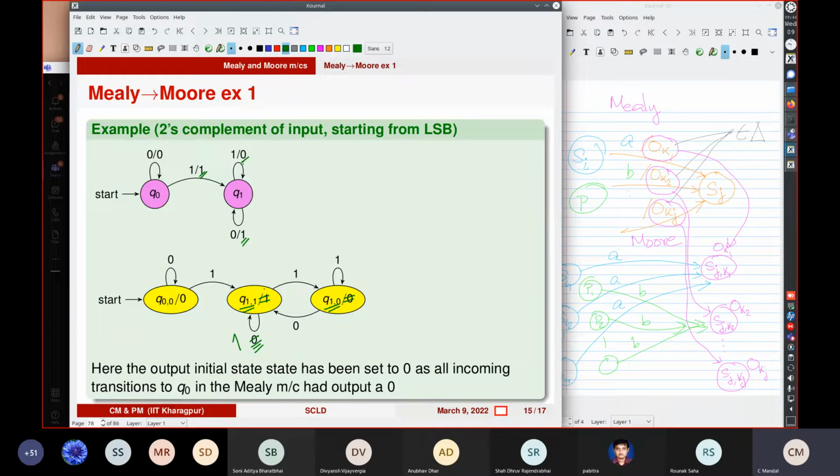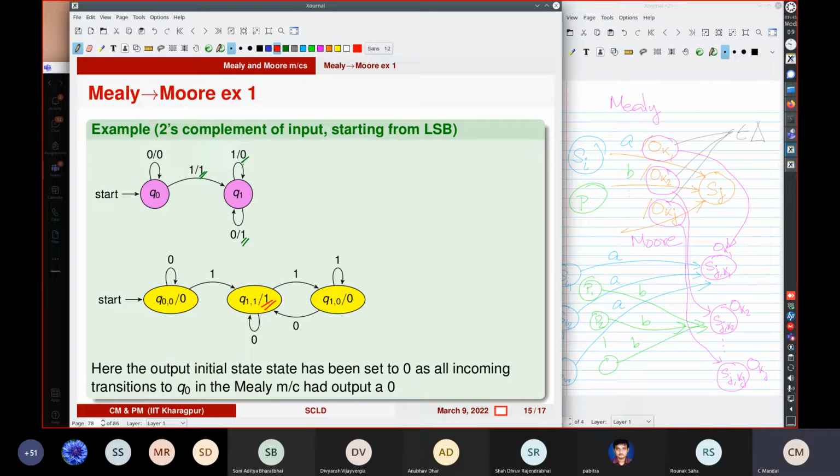Sorry, let me just explain. This one is indicating the output.